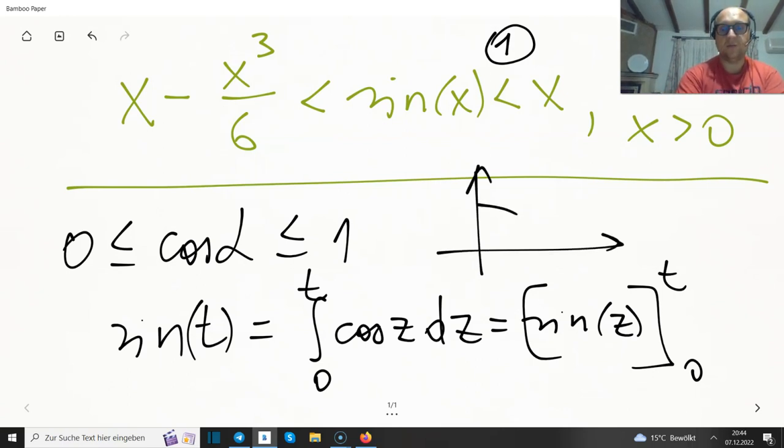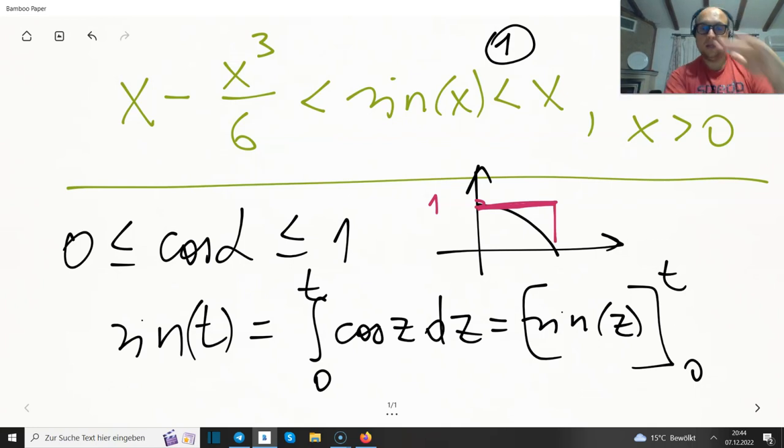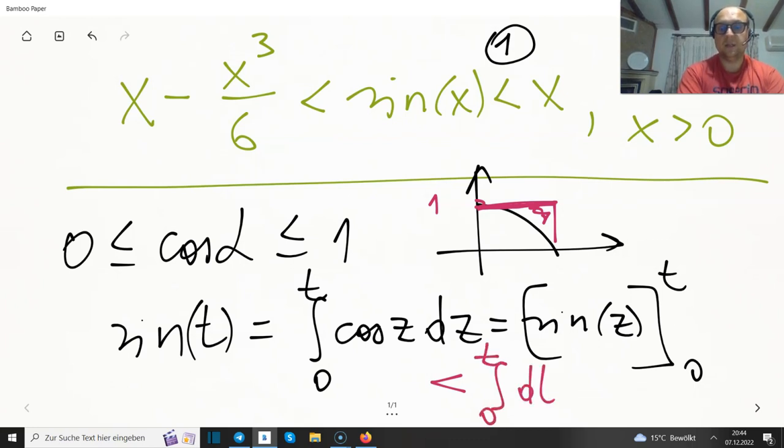But now let's see the following trick. If I consider the cosine, which is at its highest value at 1, and if I consider the function 1 itself, obviously the area included between 1 and the x-axis is greater than the area between cosine of x and the x-axis. So I can estimate this integral and write that it is less than the integral from 0 to t of 1 dz.